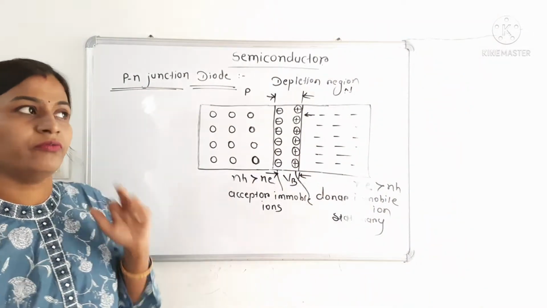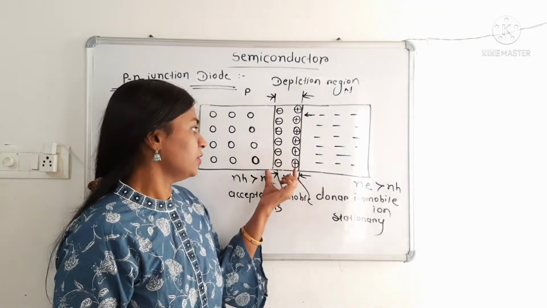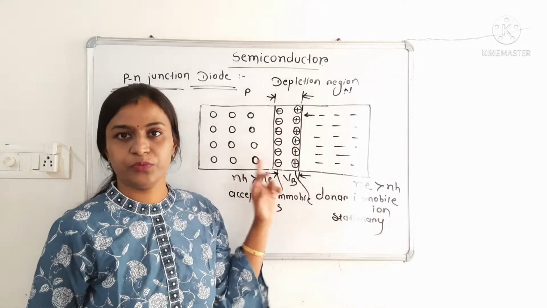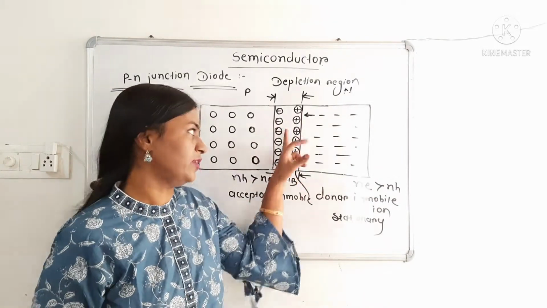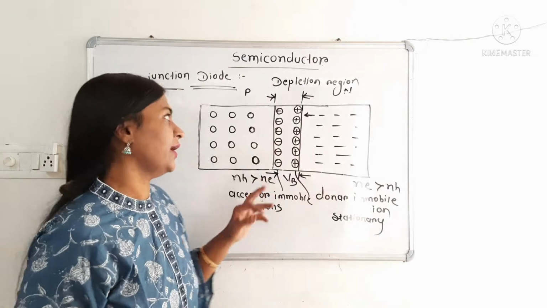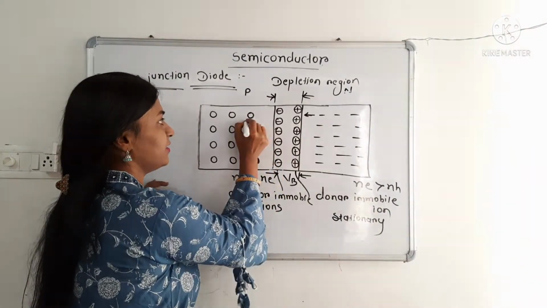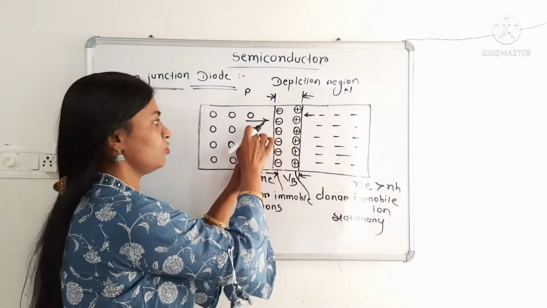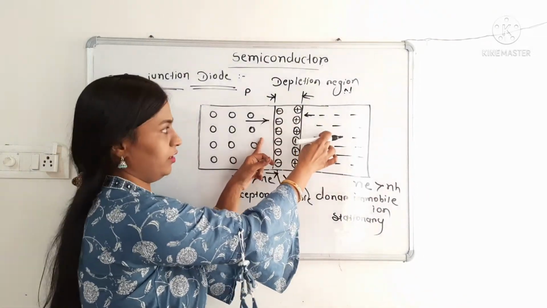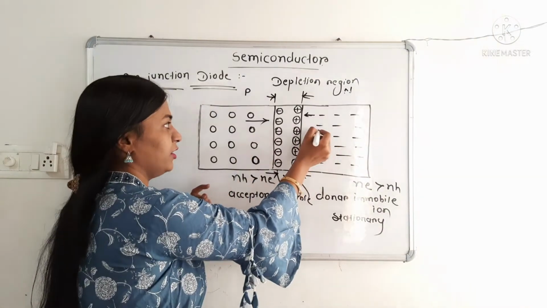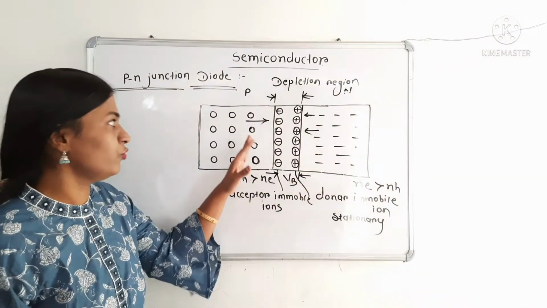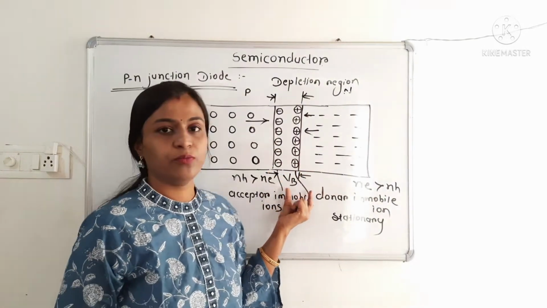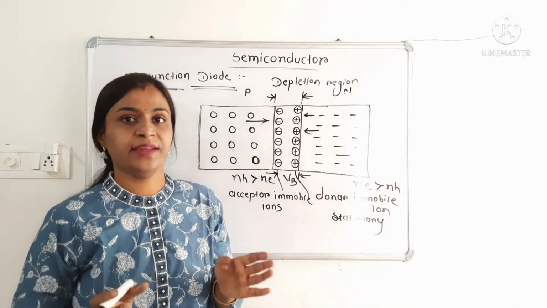Barrier potential. Why is it called barrier? Because as the junction forms and this recombination, this diffusion process occurs and ions form at the junction, after that these holes cannot move towards the n side region, and these electrons also cannot move towards the p region, due to this depletion region, due to this barrier potential that provides one barrier.